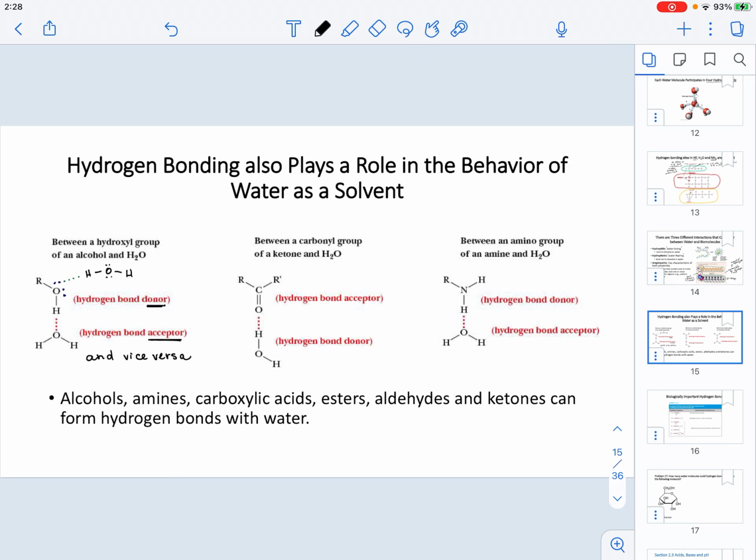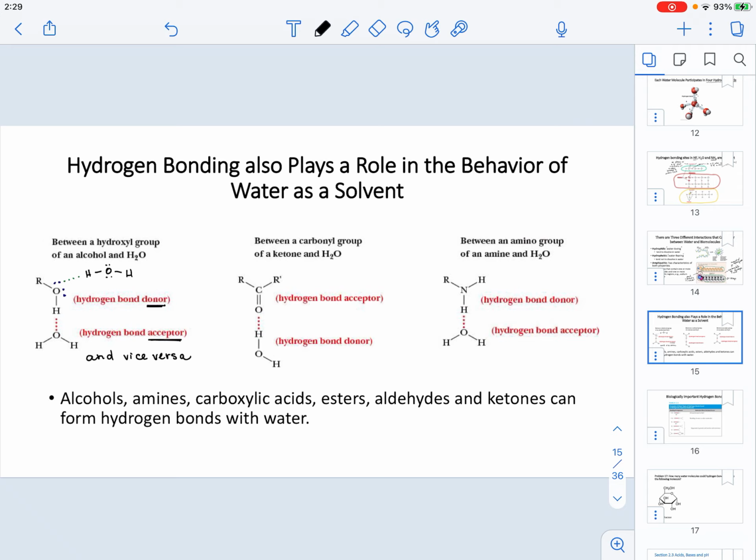So understand that the hydroxyl group that is part of the alcohol not only can act as a hydrogen bond donor, but it can also act as an acceptor. That's why I write vice versa. And then the water molecule, the oxygen can act as an acceptor, but the hydrogen in the water can also act as a donor. So when it comes to hydroxyl groups and water, it can do both.